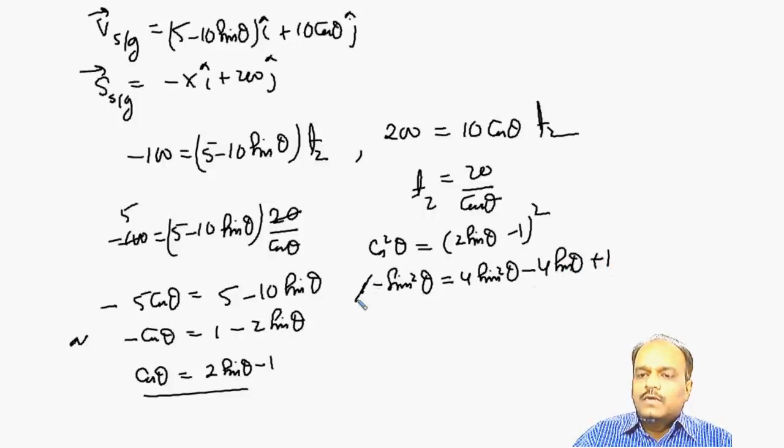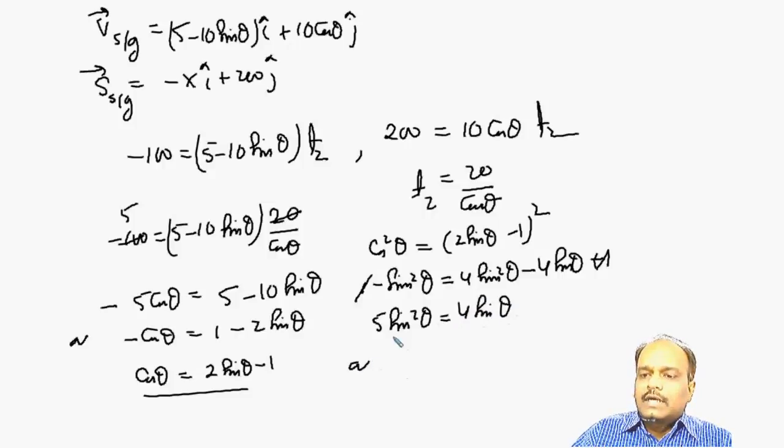After squaring, this 1 will cancel out. We get 5 sin square theta is equal to 4 sin theta, or sin theta can never be 0, so sin theta is equal to 4 by 5, or theta is equal to 53 degree.